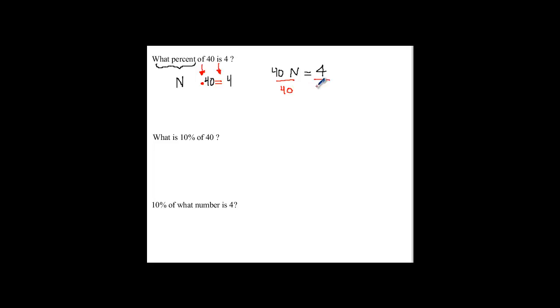Yeah, you divide both sides by 40, right? So to eliminate 40, you multiply both sides by the reciprocal of 40, which is 1 over 40, or simply divide by 40. So n would be equal to 4 over 40.